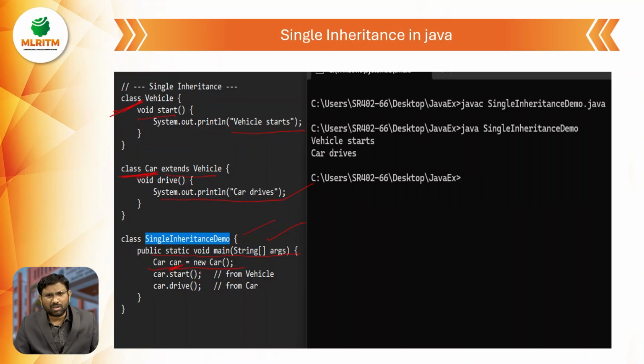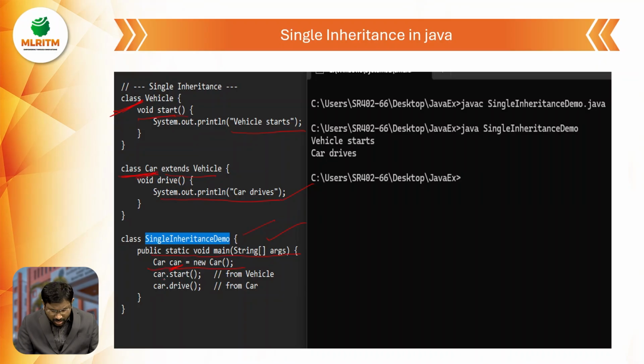New, as we have already discussed, means memory is allotted for this object. Here car.start: where is this start method? In the parent class. Even though it is in the parent class, the child can access the properties of the parent because of inheritance.